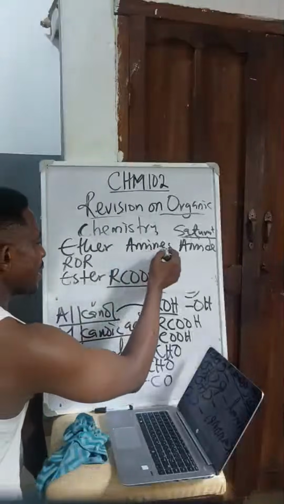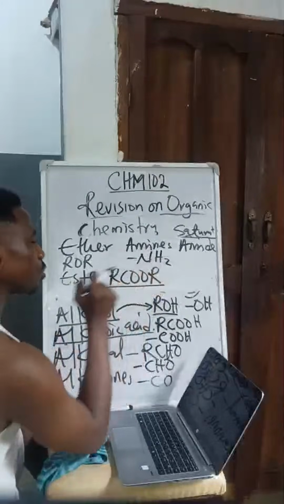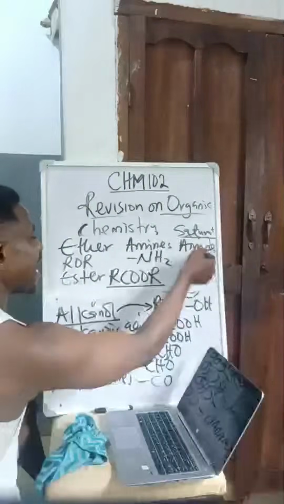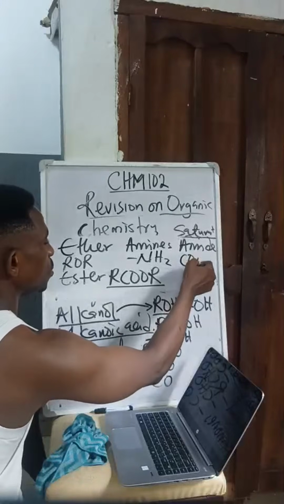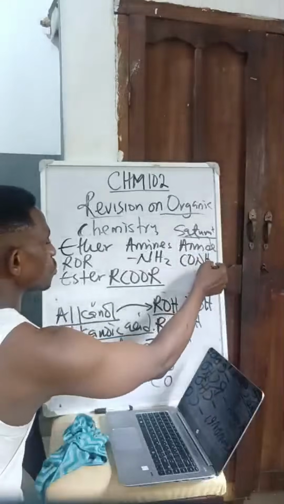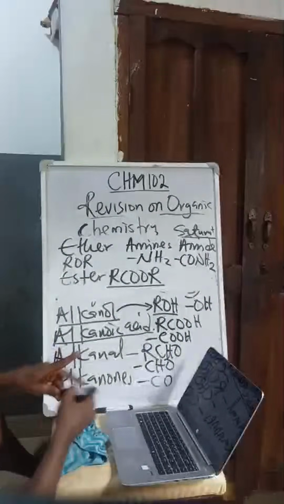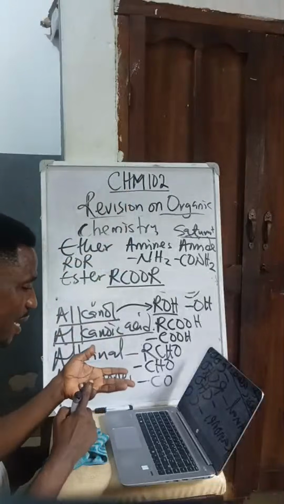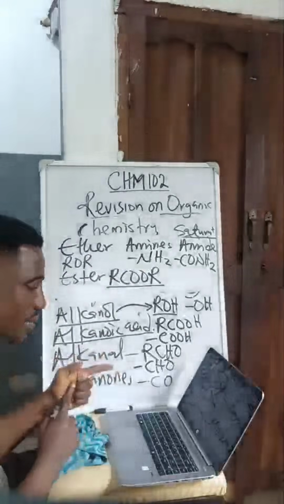Now, amines is just NH2. This is the functional group of amines. Amide is CONH2. This is amide. For amines, we have primary amines, secondary amines, and tertiary amines.